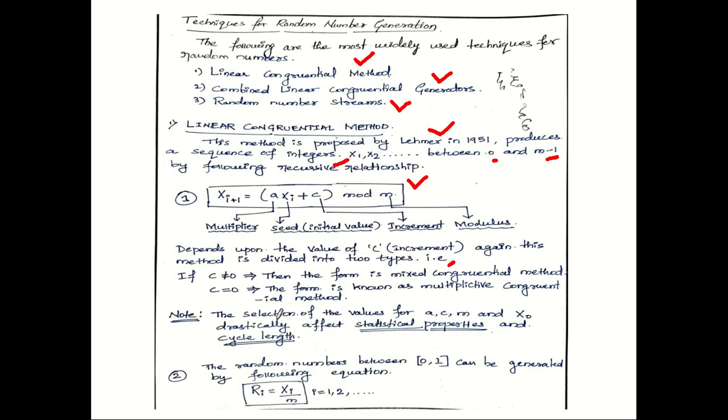One important thing is that the selection of the values for a, c, m and x0 drastically affects the statistical properties and cycle length. The sequence of random numbers between 0 and 1 can be generated by the equation Ri equals xi divided by m, where i equals 1, 2, 3 and so on.